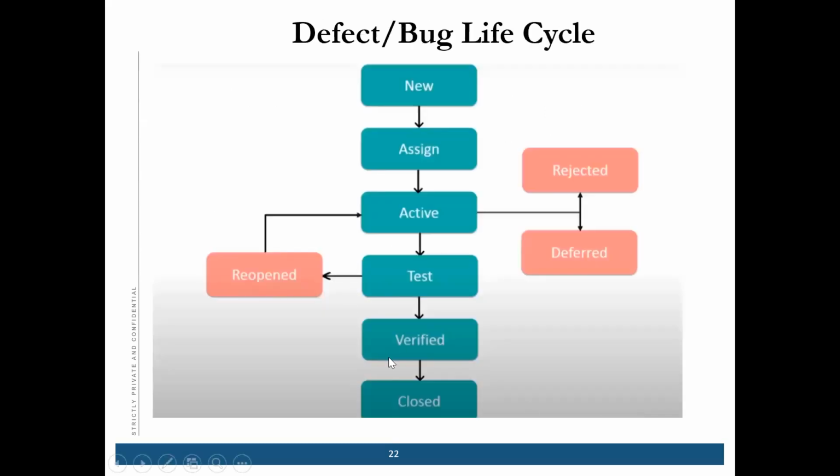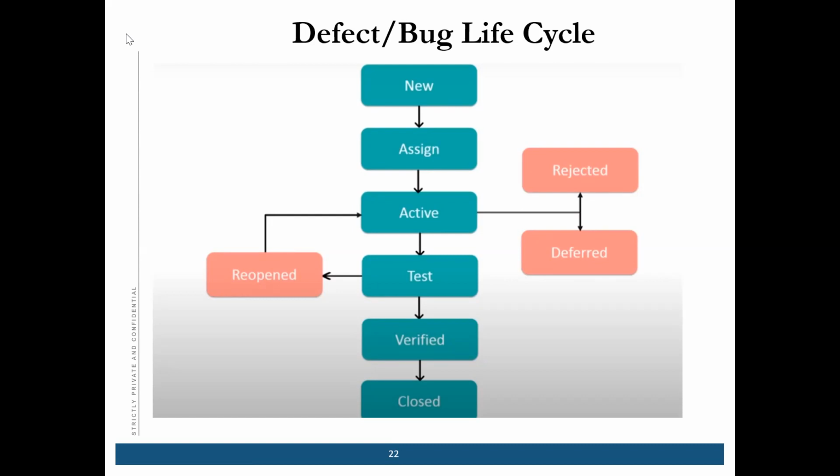So this is the defect life cycle or bug life cycle, whatever you call it. Does anyone know what a defect life cycle is? This is a very important topic, so be careful, and this could be an interview question also. Yes, ma'am, it is from when the defect is raised till it is closed. Correct, that is the life cycle.